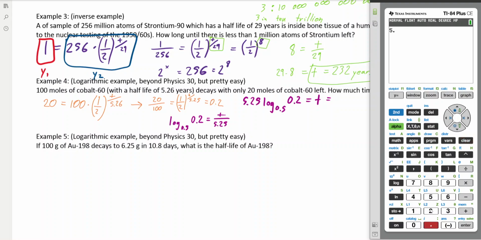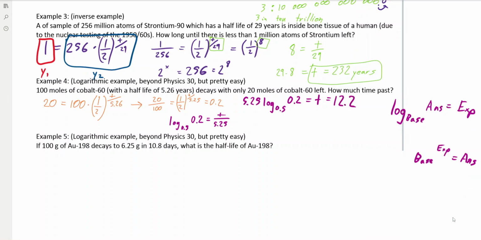So 5.26. That should be a 6. 5.26. I made a mistake previously. And then log, which is in the math button, because we want to have log base, which allows us to type in 0.5. And so we get 12.2.